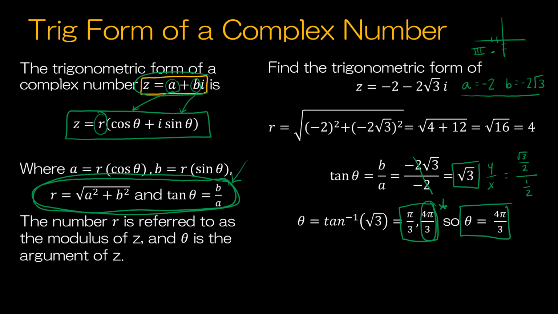So even though tangent of theta is true when theta is pi over 3, it doesn't represent the original complex number that we began with. So pi over 3 doesn't work. So now that I have that, I'm just going to plug in the values. So my new form, my trigonometric form, is using 4 as r and then 4 pi divided by 3 as theta.